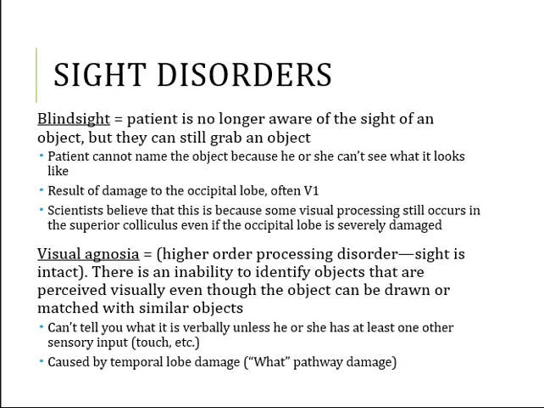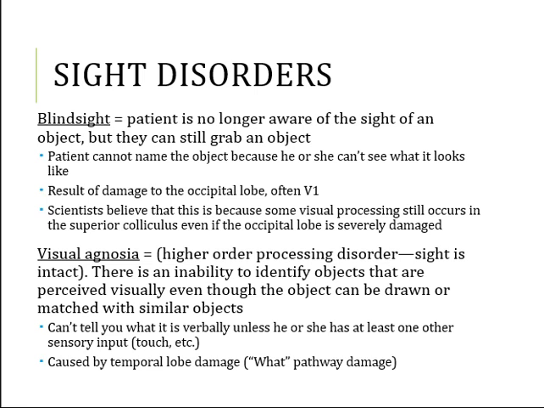So with blindsight, the patient is no longer aware of what an object is, but they can still grab it. That would be like, I have my water bottle in front of me. I couldn't tell you that the water bottle was there, but I could pick it up. So there's no conscious awareness that the item is in front of me, but I can still physically see it.